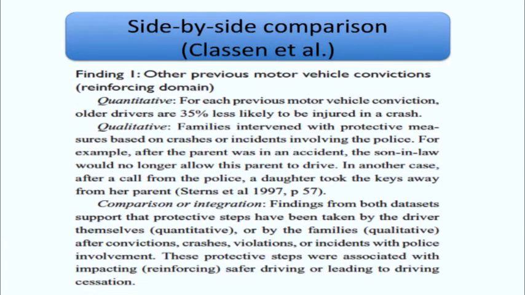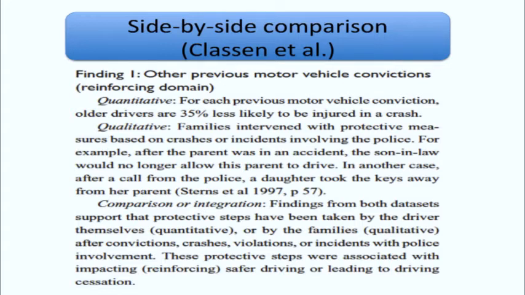This is a passage right out of an article by Klassen looking at older driver safety. And when you go into the results of this article, you see that they've arrayed the findings, such as the finding on previous motor vehicle convictions. First of all, they talk about the quantitative results on previous motor vehicle convictions, and then they talk about the qualitative results, and then they compare the two.